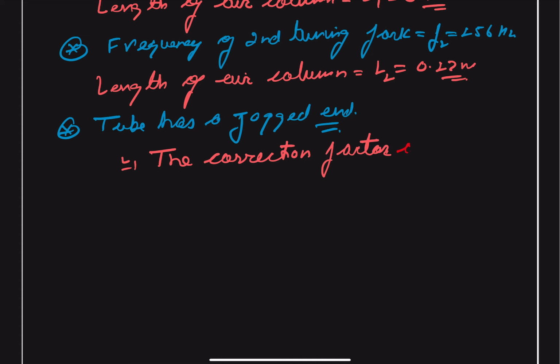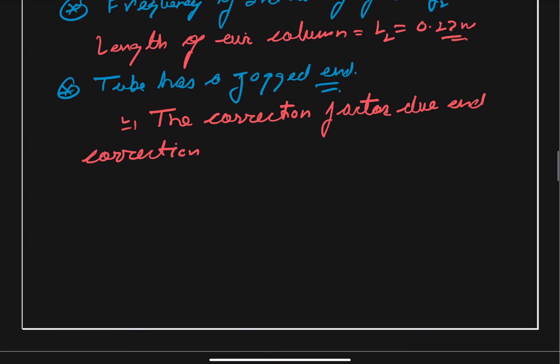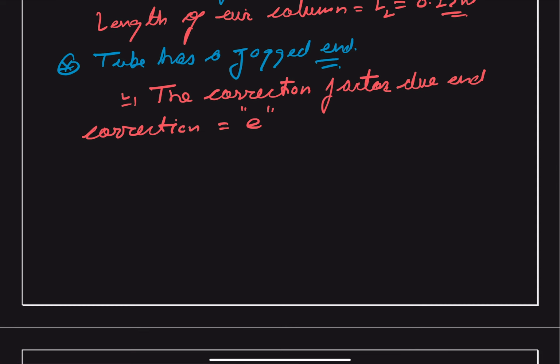That correction factor is our end correction, and we call that E. So the length will now be called the effective length. We can say our L effective will be equal to L plus E, where E is our end correction.